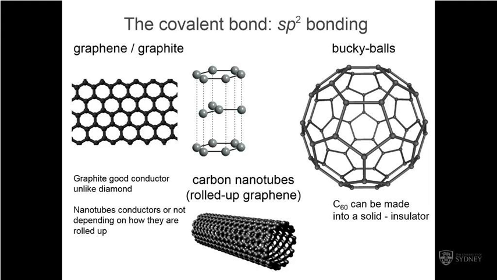Also, buckyballs exhibit this kind of sp2 bonding. You can see it's got these three planar type bonds there. And as I mentioned before, you can stack these, make a solid of buckyballs, and when you do that, this becomes an insulator.